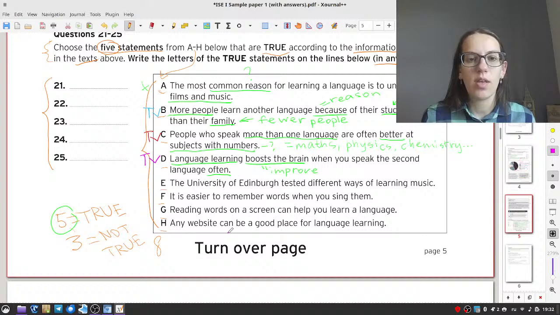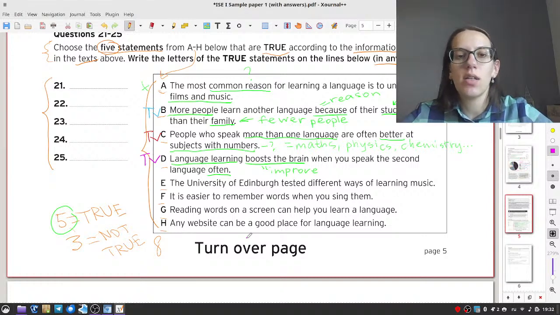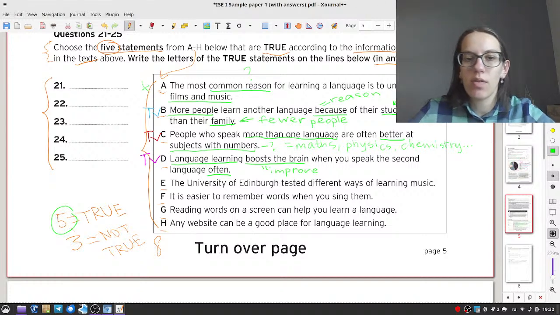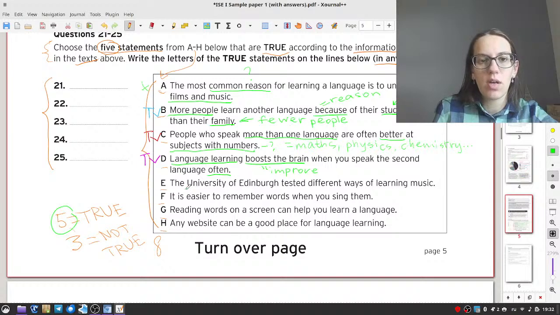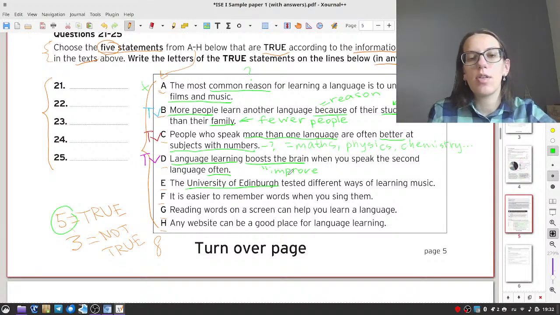E. The University of Edinburgh tested different ways of learning music. So where did we have the University of Edinburgh? So not any other place, but the University of Edinburgh, and they tested different ways of learning music.